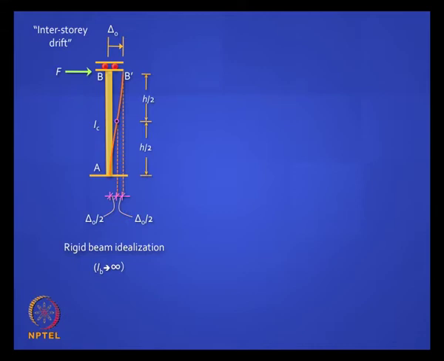Remember that I have just taken a column AB from somewhere in the building, and the point A is also not fixed really, A is also moving and B is moving relative to A. So we use the word interstory drift to talk about the relative deflection between B and A. Is it clear?